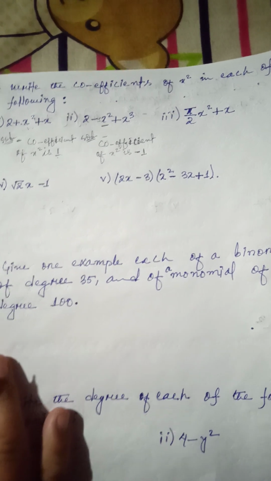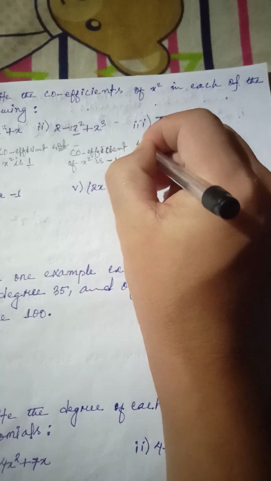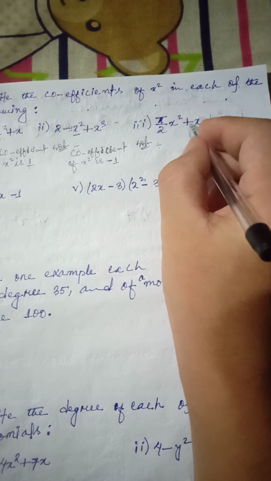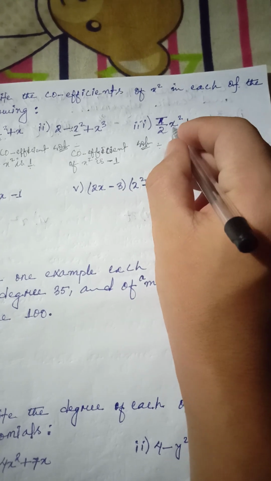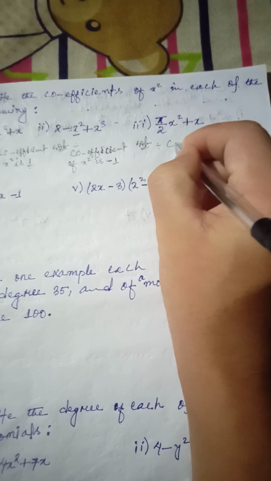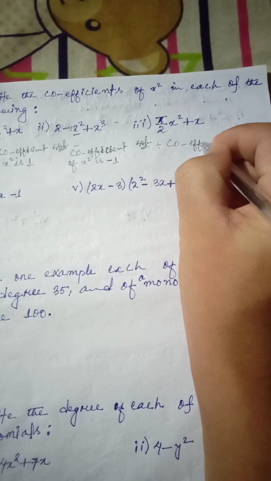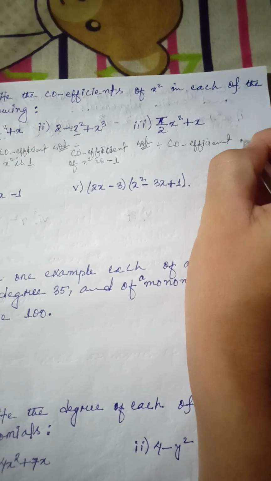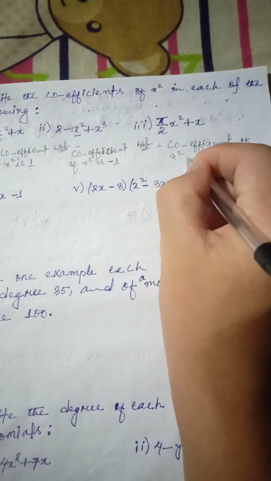Okay, then let us move to Roman number 3. In Roman number 3, we are given pi by 2 x squared plus x. The question has asked us to find the coefficient of x squared.